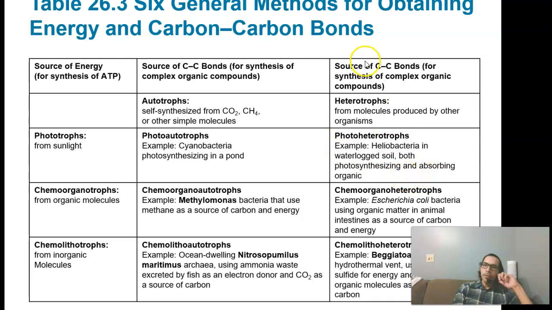And then the second part is, what's the source of carbon? Is it getting carbon from the environment or from organic sources? Well, it says absorbing organic, so that lets you know that it's getting it from other organisms. So this would be a photoheterotroph.